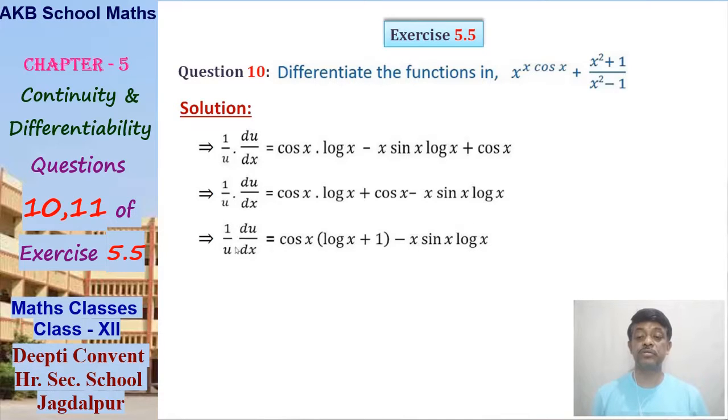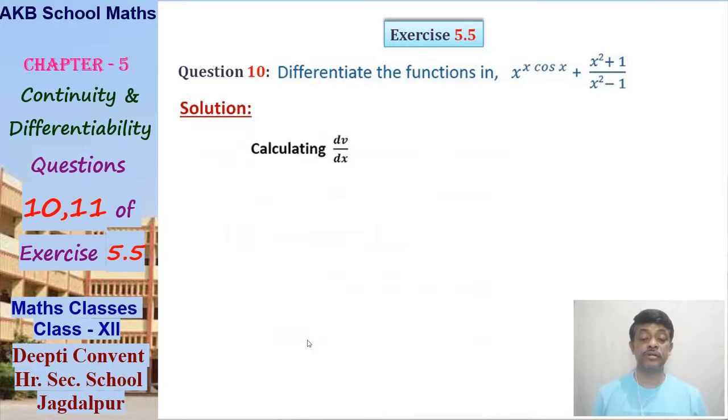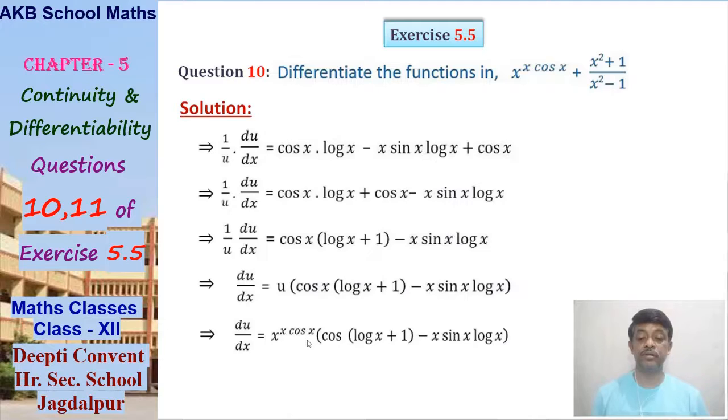Here cos x can be taken common: cos x (log x plus 1) minus x sin x log x. So du by dx is u times this, transferring u. Now put the value of u, which is x to the power x cos x. Clear? So that was the value of du by dx.